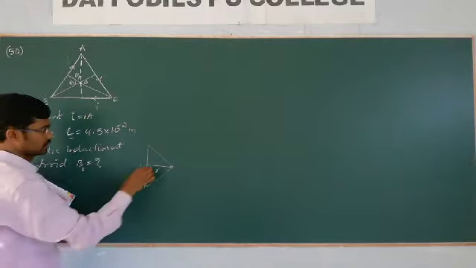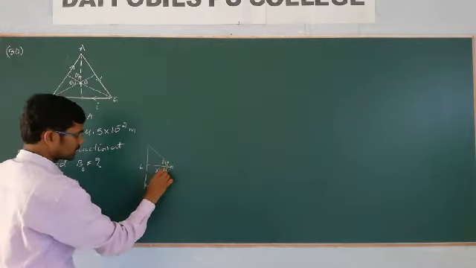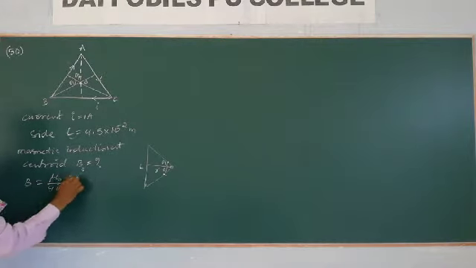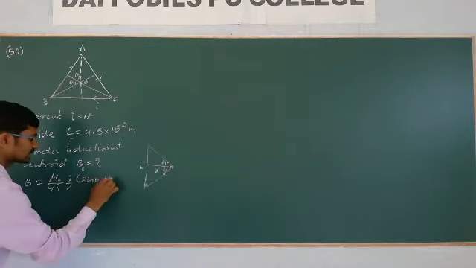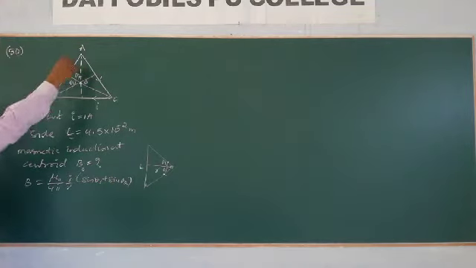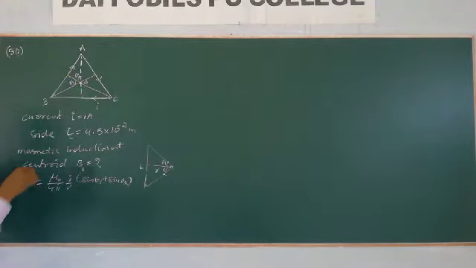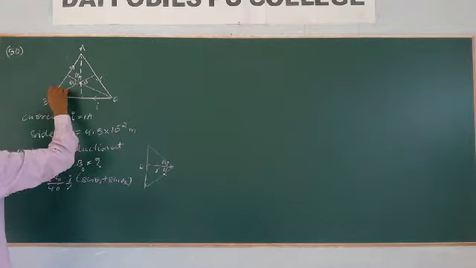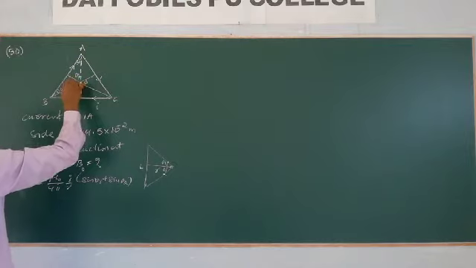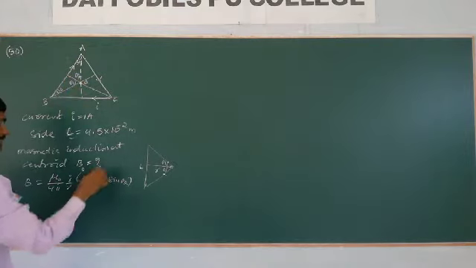The triangle is given. If it is θ1 and θ2 that we form, but as it is an equilateral triangle, what will be this value? Here it is a total of 60 degrees, meaning this is 30 and this is 30, but θ1 and θ2 are 60 and 60.